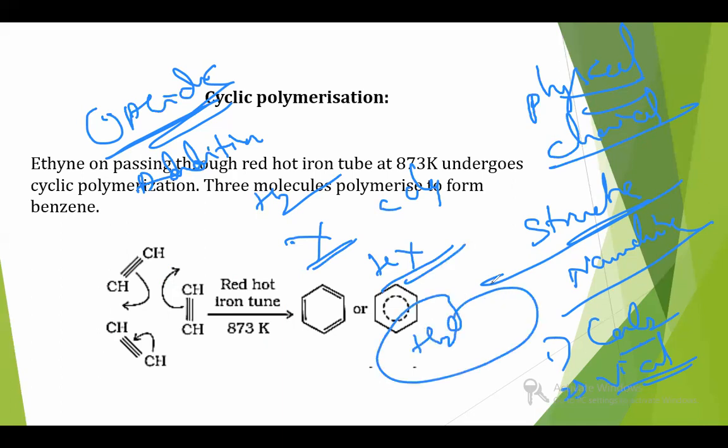At higher temperature, we use mercuric sulfate or mercury at 333 Kelvin, and we get the ketone and alcohol from the addition of water. Next is polymerization, cyclic polymerization and linear polymerization. That's about the alkynes, carbon-carbon triple bonded compounds. In the next session, we'll study aromatic hydrocarbons.